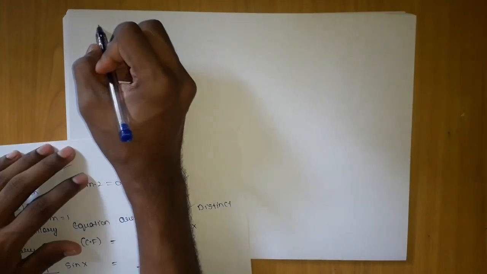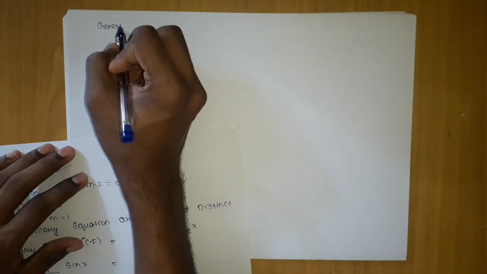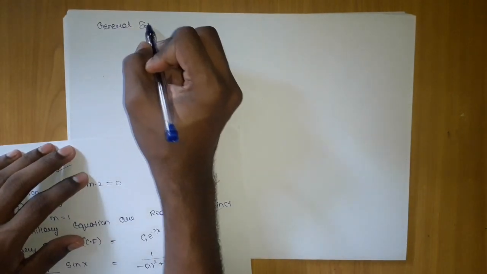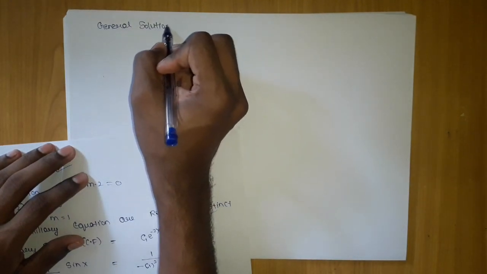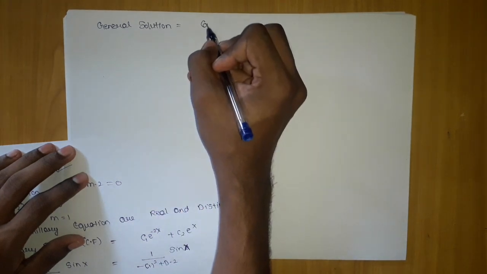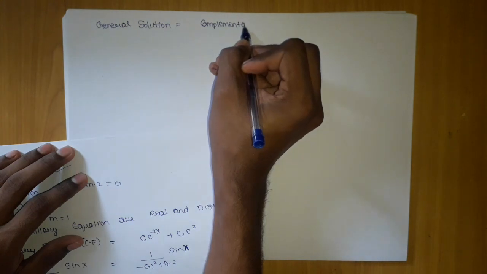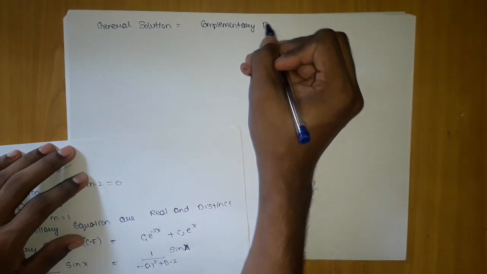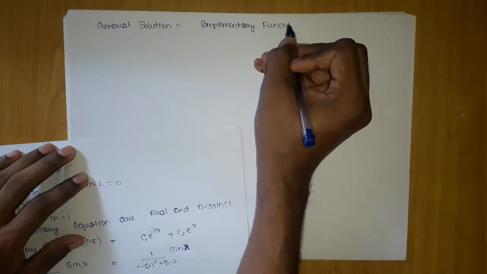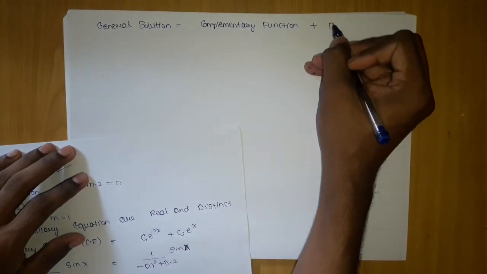Now let's write the general solution. General solution is equal to complementary function plus particular integral.